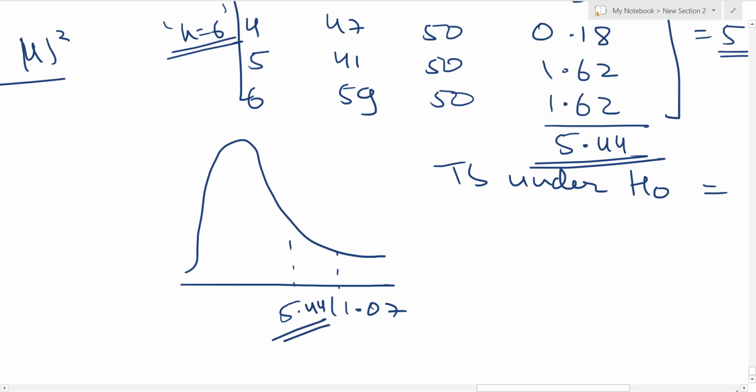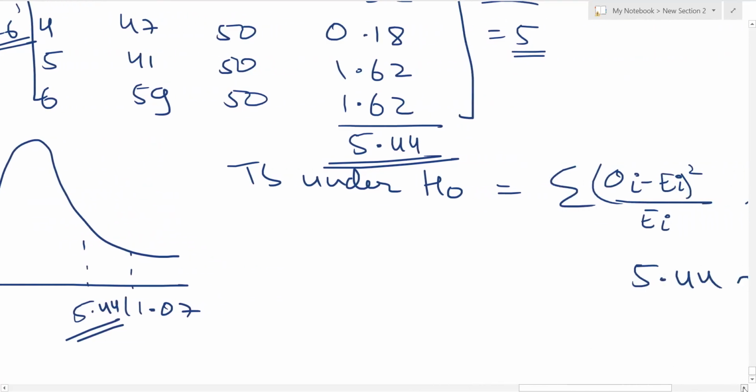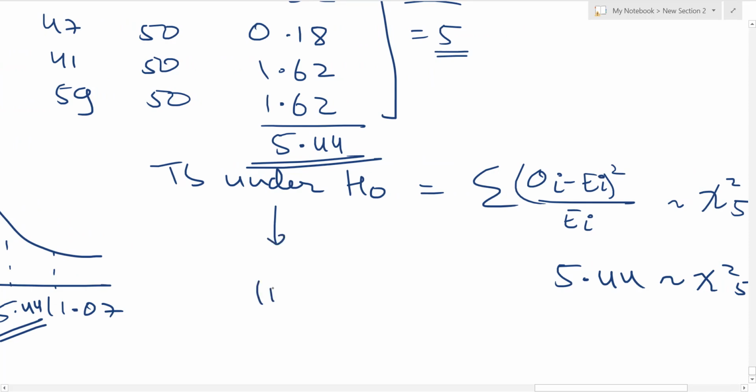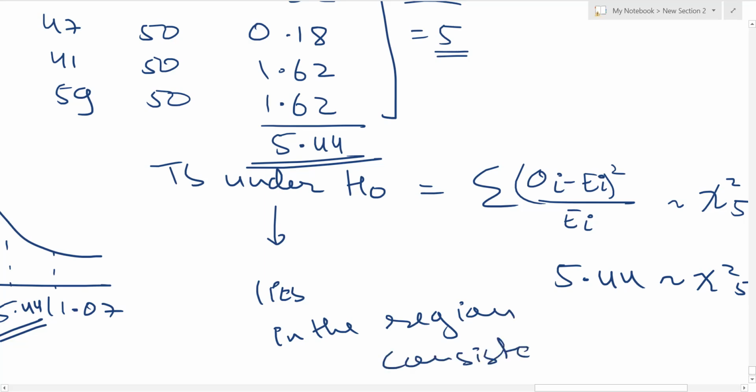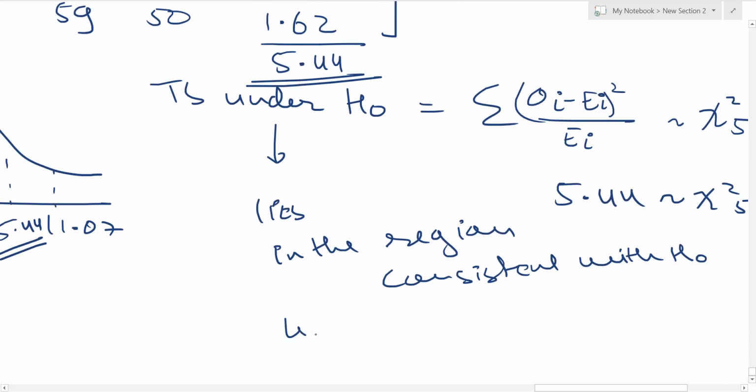So I say that the test statistic under H0 lies in the region consistent with H0. So we don't have sufficient evidence to reject H0.